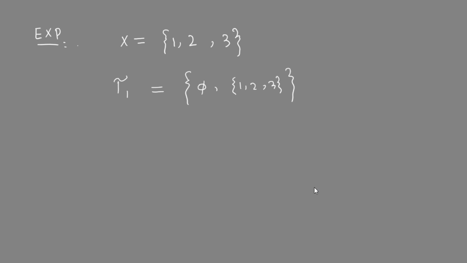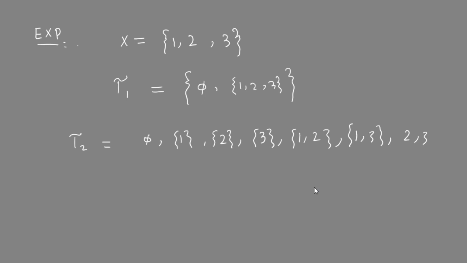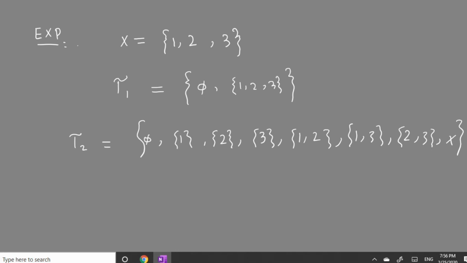This tau1 is the indiscrete topology, and tau2 is the discrete topology: the empty set, then {1}, {2}, {3}, {1, 2}, {1, 3}, and {2, 3}, then you will write X. So here tau2 is actually the discrete topology.